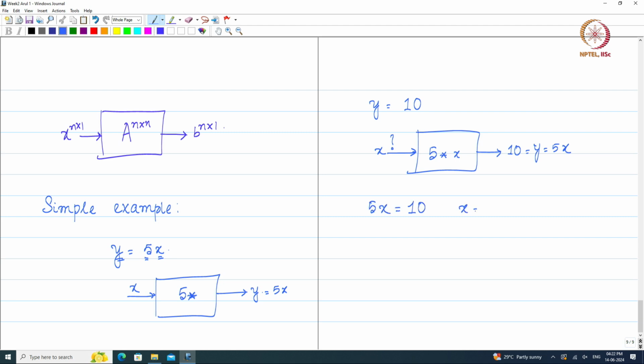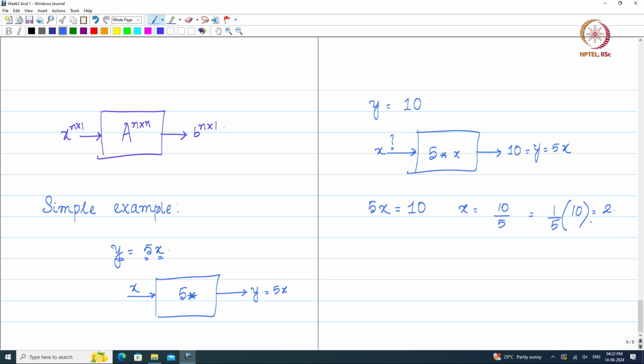We said x is equal to 10 by 5, which is basically 1 by 5 times the output, right. Now if you look at this, when I say 5x is equal to 10 and x is equal to 10 by 5, so this is going to be the value x is equal to 2, there is something interesting that happens here.